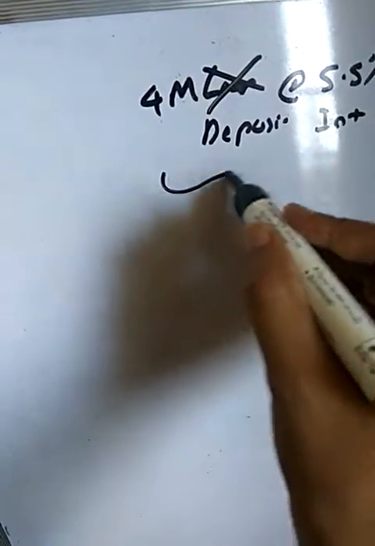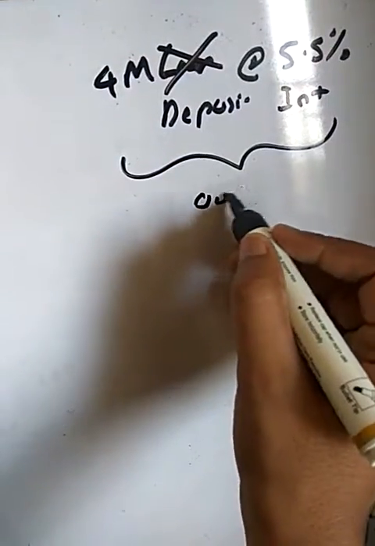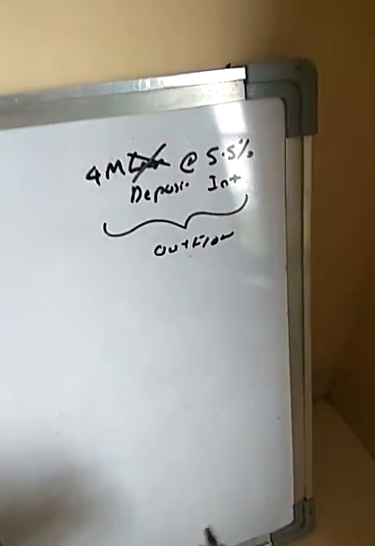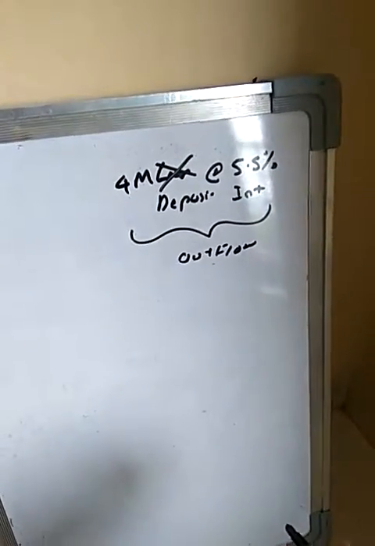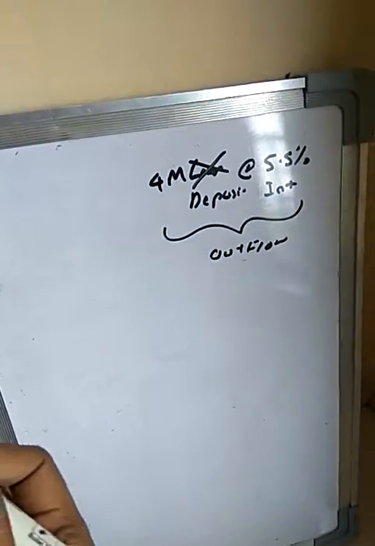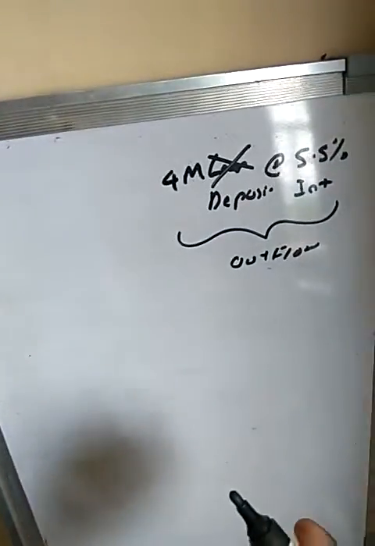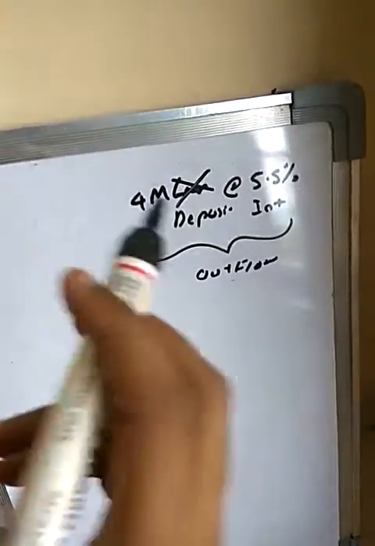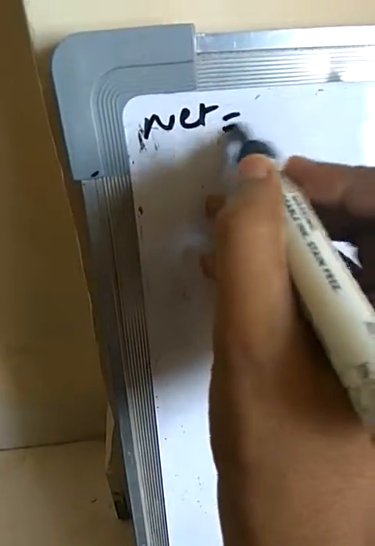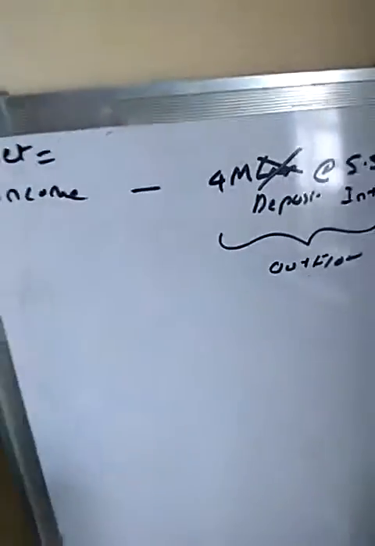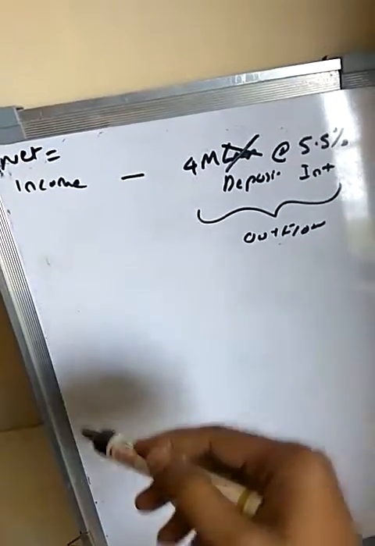So this will be the outflow every year. And to make money, you have to loan this 4 million to others such that your net should be above 5.5 percent, and the difference is your profit. So net will be whatever income they generate minus the outflow.